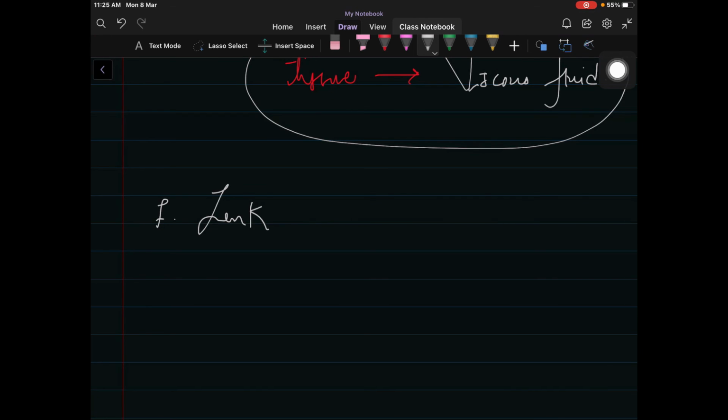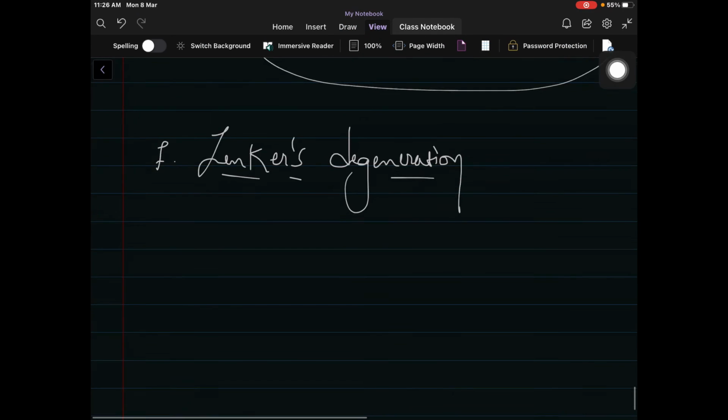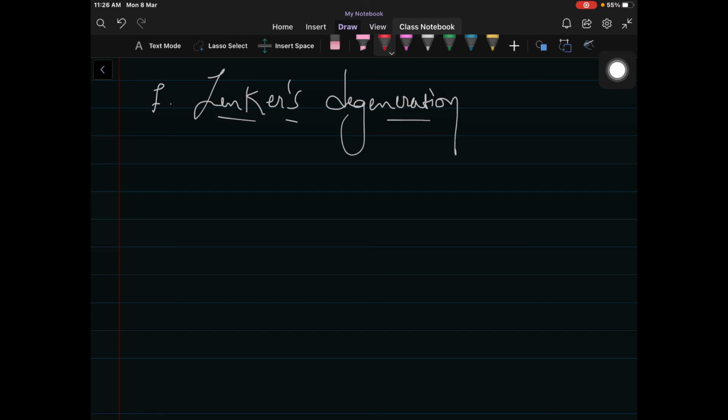that is Zenker's degeneration. It is not a particular type of necrosis, but the nature of this is related to necrosis. So we are discussing Zenker degeneration under necrosis. Generally, Zenker degeneration is a type of coagulative necrosis, most commonly seen in typhoid fever.